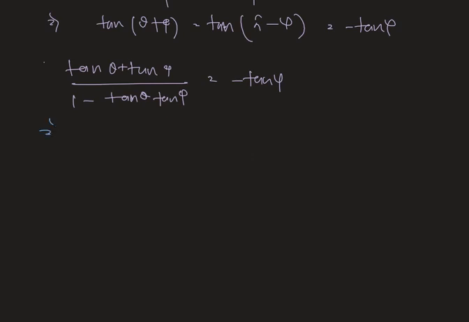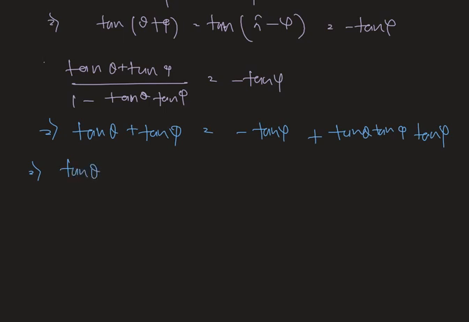This results in tan theta plus tan phi equals minus tan psi plus tan theta tan phi tan psi. Therefore we get tan theta plus tan phi plus tan psi is equal to tan theta multiplied by tan phi multiplied by tan psi.